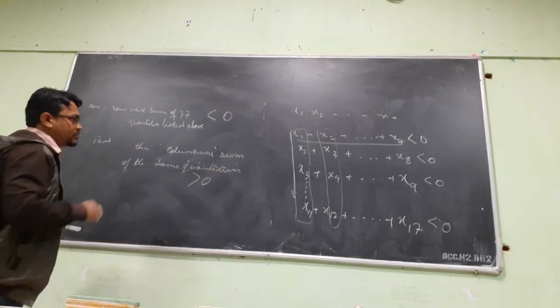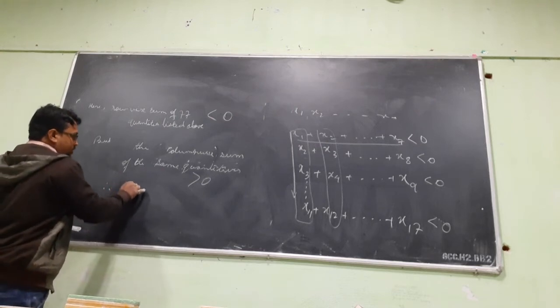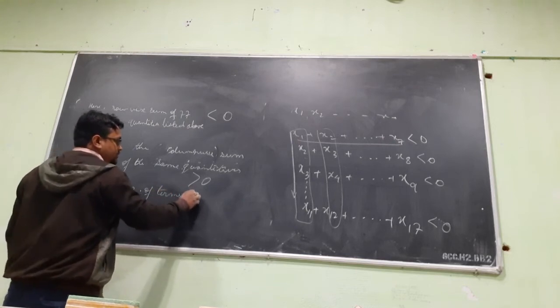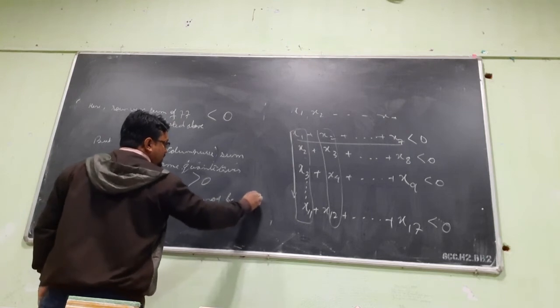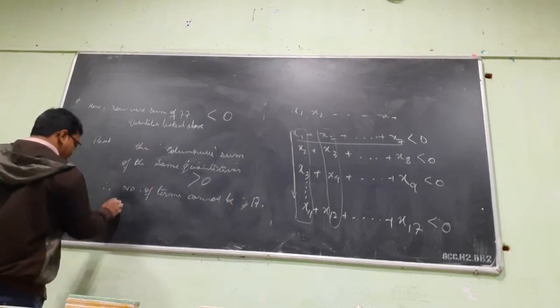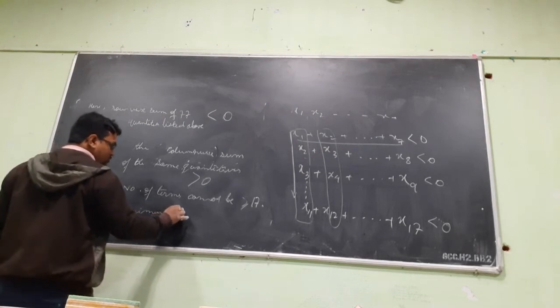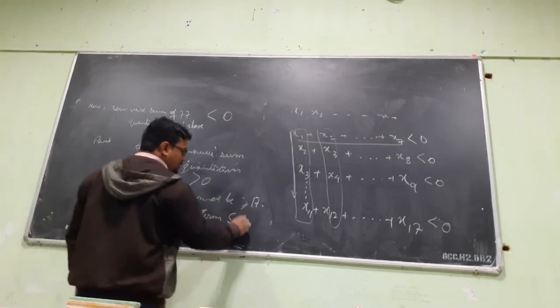So this cannot happen. So therefore, the number of terms cannot be greater than or equal to 17. So the maximum number of terms is less than or equal to 16.